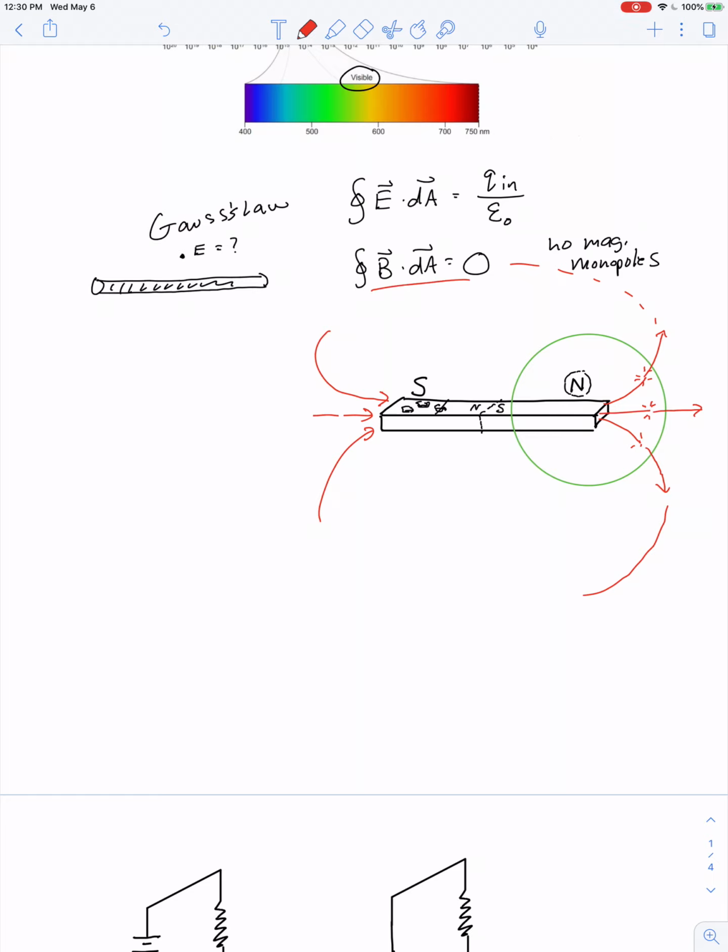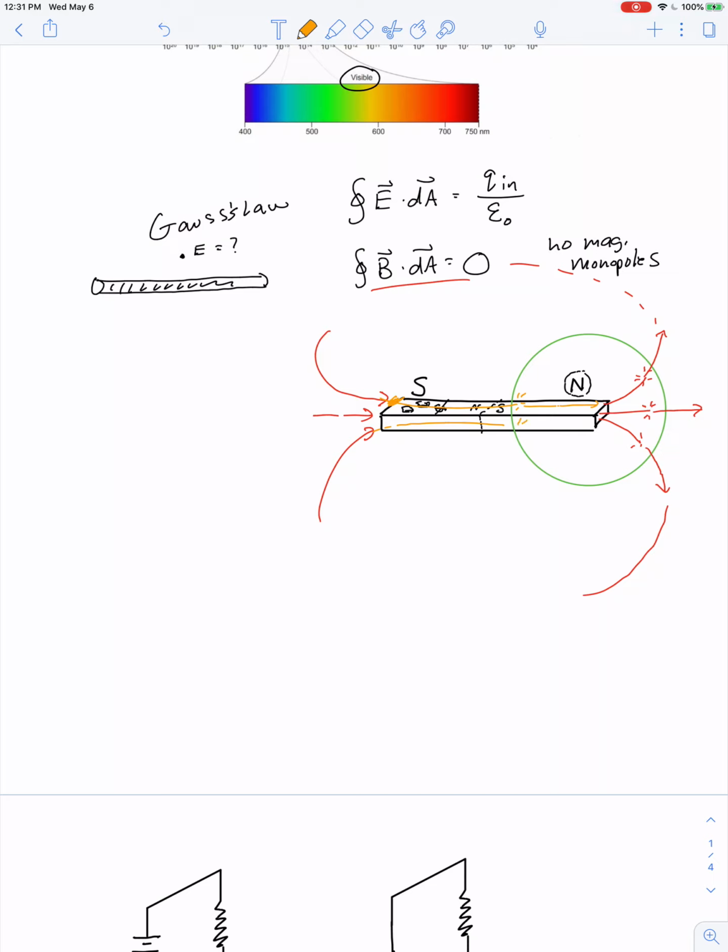So it looks like the net flux isn't 0, but that's foolish thinking. We know that these magnetic field lines don't actually end here at the south pole. The field line carries on through the magnet, and sure enough there it penetrates the Gaussian surface as it travels in and continues on to form a closed loop.